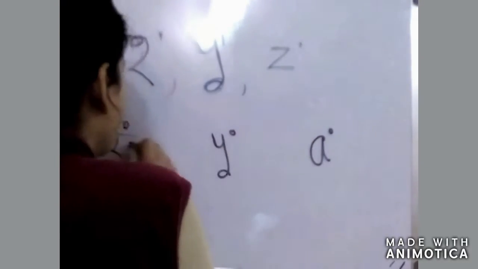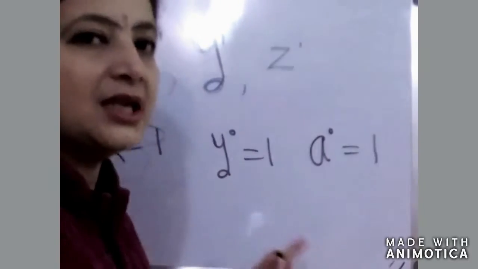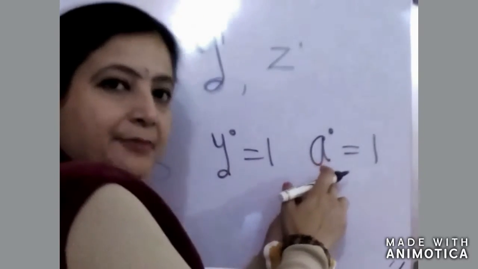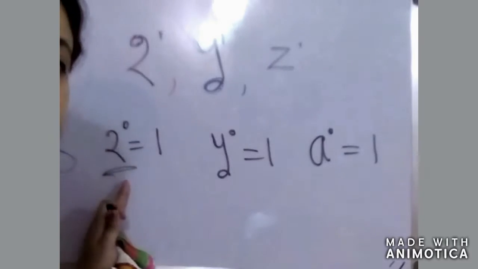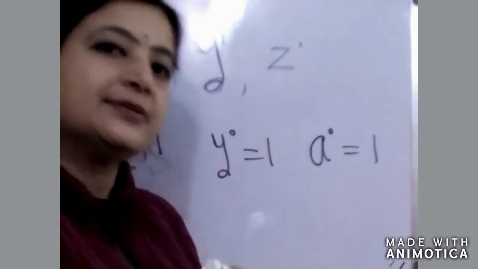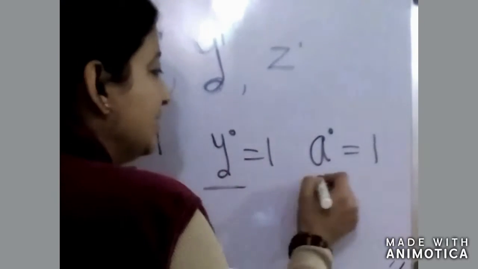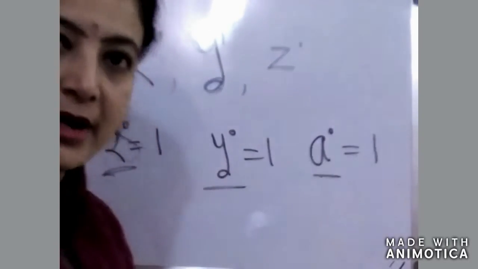Something to the power 0 is equal to 1. We do not have to see whether it is an alphanumeric or a pure numeric number. Something to the power 0 means its value is equal to 1.